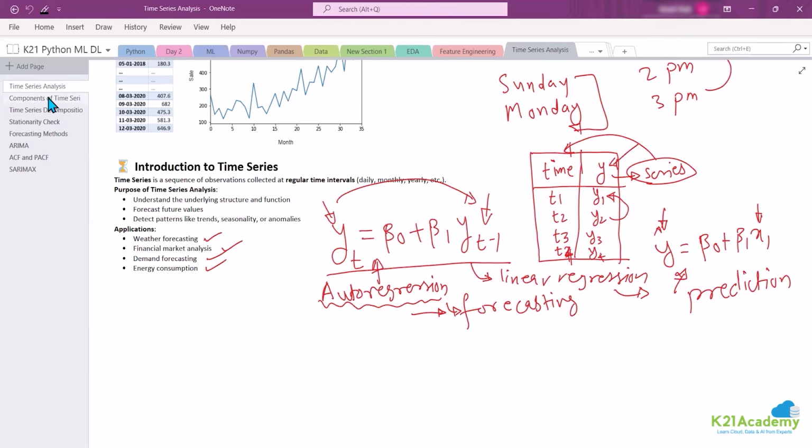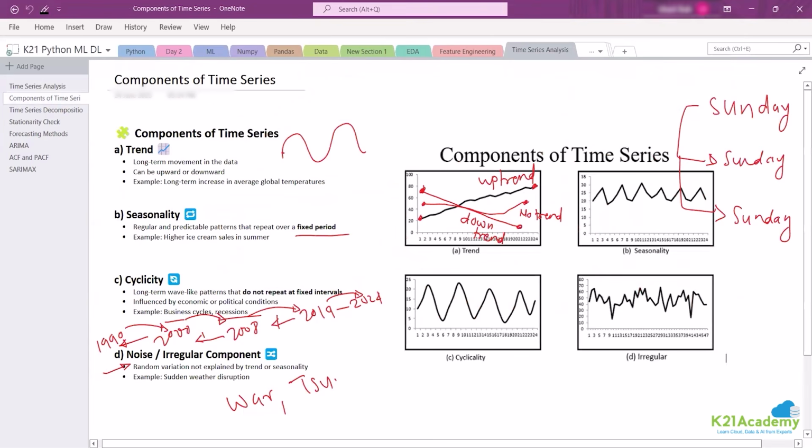Now we discuss the components of the time series. The trend shows the long-term movement in the data. A trend can be upward, downward, or there may be no trend. Then there is seasonality: if the pattern repeats over a fixed period of time, we say there is seasonality.